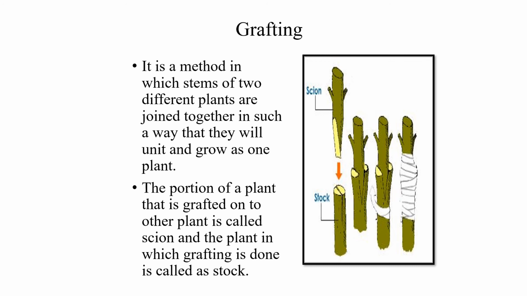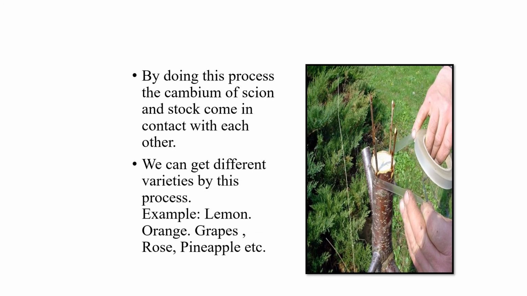The portion of a plant that is grafted onto another plant is called the scion, and the plant in which grafting is done is called the stalk. By this process, the cambium of scion and stalk come in contact with each other. We can get different varieties by this process. Examples: lemon, orange, grapes, rose, pineapple, etc.